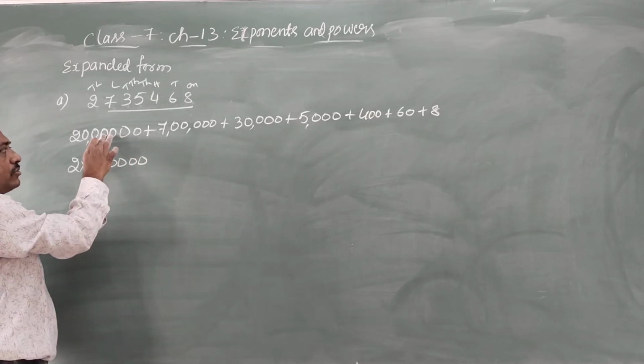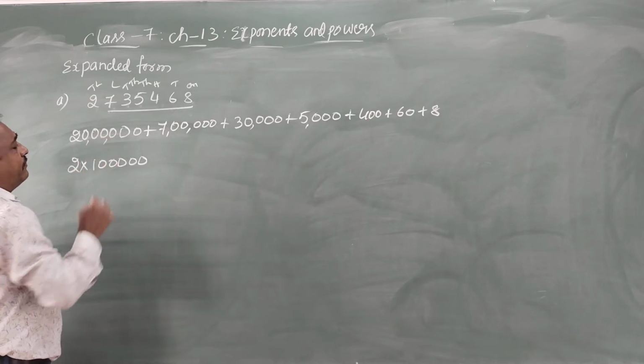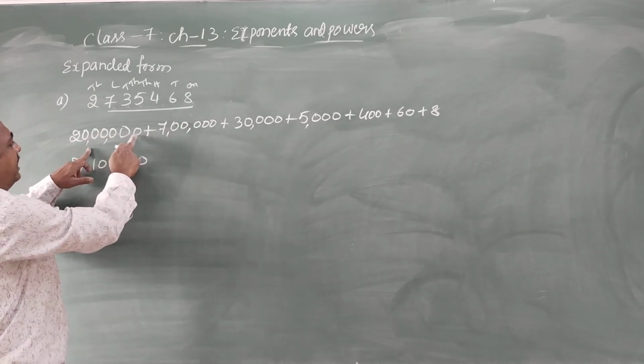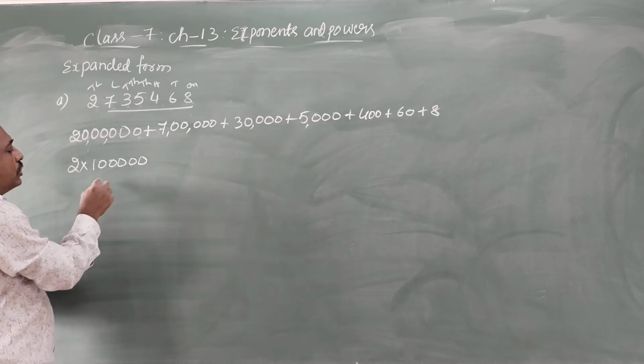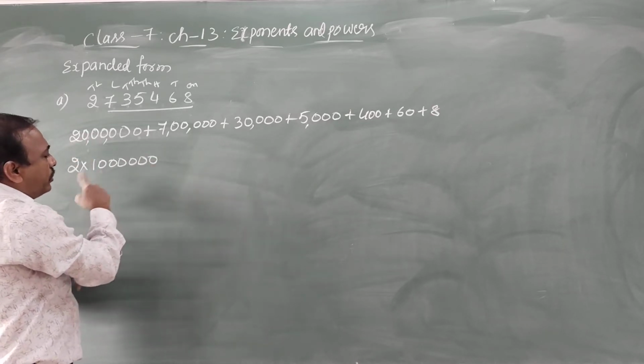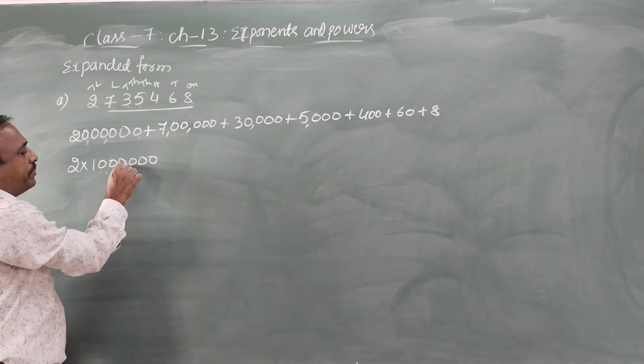Units, tens, hundreds, thousands, ten thousands, lakh. You observe it: units, tens, hundreds, thousands, ten thousands, lakhs, ten lakhs. So 2 into 10 lakhs, 2 into 10 lakhs.